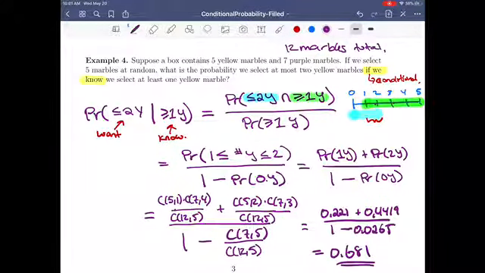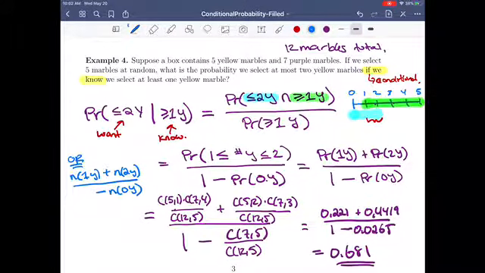Now, one thing I do want to say, we could have done this another way. Because we had a uniform sample space, instead of the probability, I could have done the number. The number of 1 yellow plus the number of 2 yellows over, now you need to be careful. Here's where people often make mistakes.